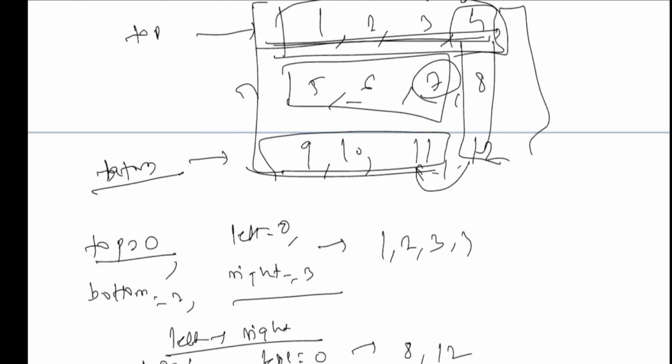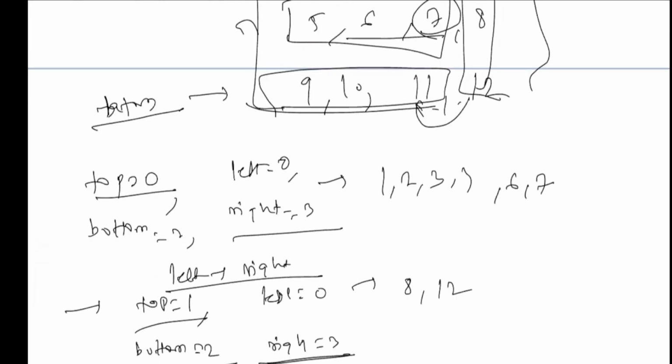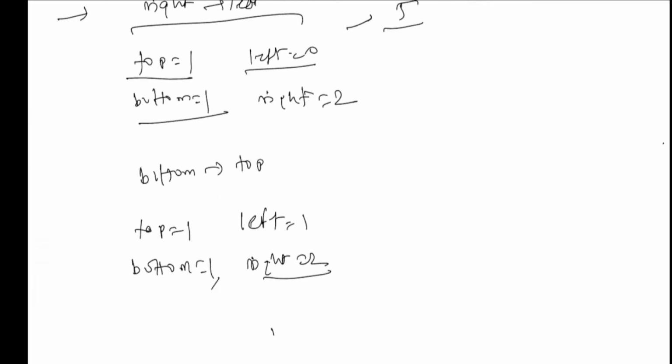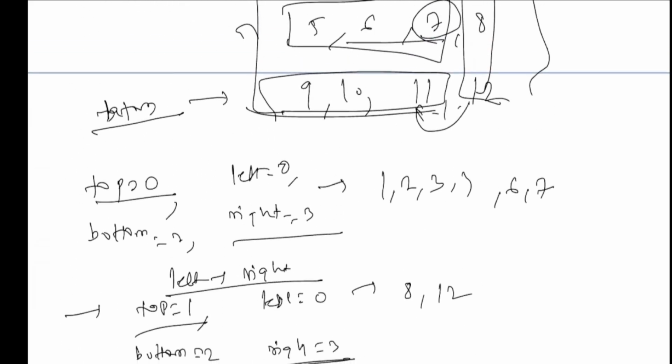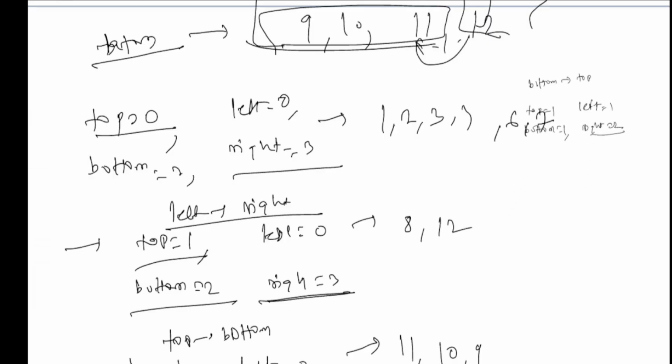When we move along, right, it's a left and right. So we'll try to print 6 and 7. And then in this case, this is our top to bottom. Once we move the last iteration, then this is where we are. Okay. So here, what will it be? Now it is going from left to right.